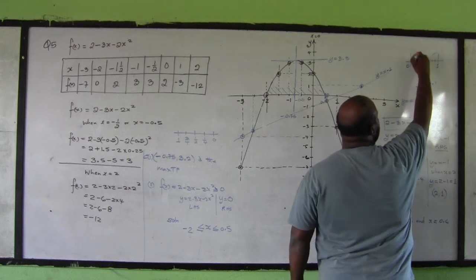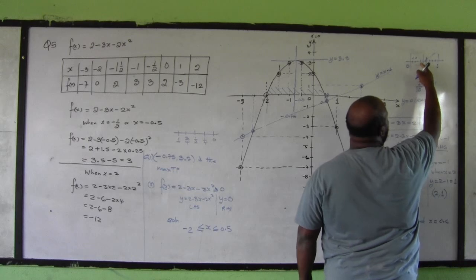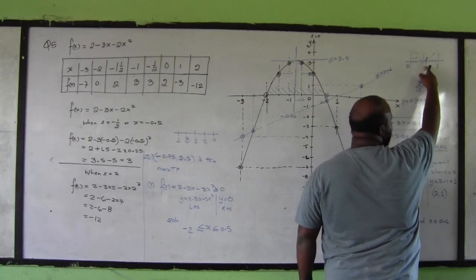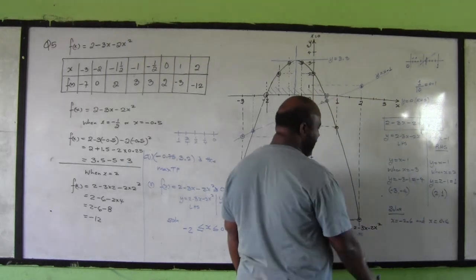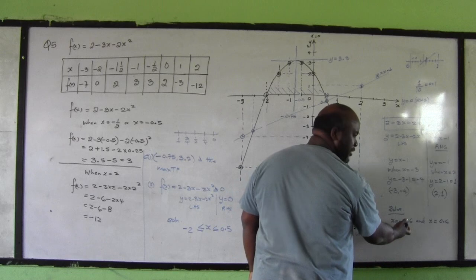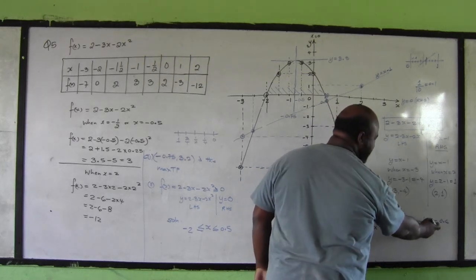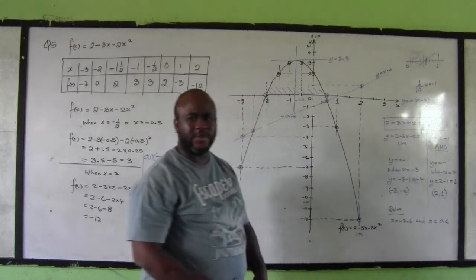So this is 0, this is 0.1, 0.2, 0.3, 0.4, 0.5, and then this would be 0.6. For me, my solutions are x is equal to minus 2.6 and x is equal to 0.6. What are your solutions?